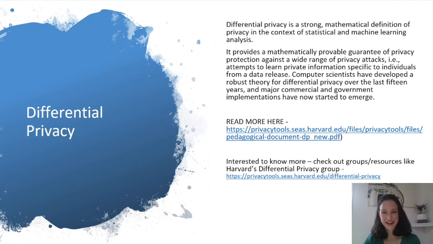Sorry that I'm not an expert on it, but there are lots of smart people working on this, and I'm sure if this is what you need in your statistical disclosure limitation toolkit, there are resources out there for you.